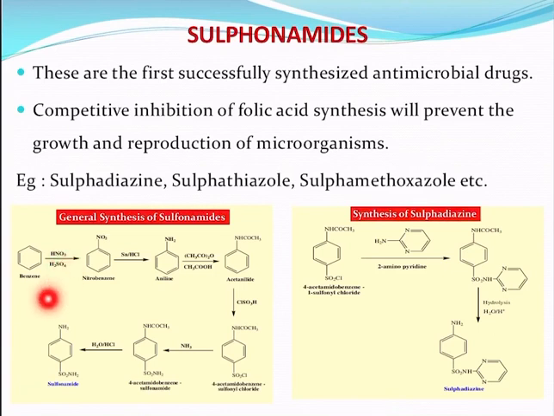Here, if we observe, benzene on nitration forms nitrobenzene, and nitrobenzene on reduction is converted into aniline, which is then converted into acetanilide, and further derived through various intermediate products to form sulfonamides. In the same way, we are going to synthesize sulfadiazines.